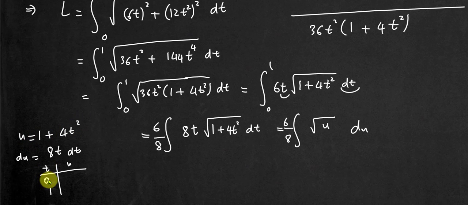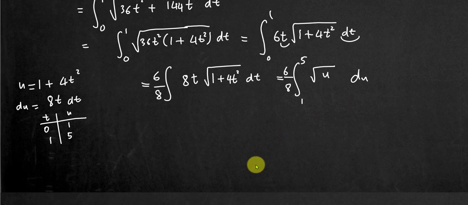When t is 0, u is equal to 1. And when t is 1, 1 squared is 1, 1 times 4 is 4, 4 plus 1 is 5, u is 5. Because you are taking the integral with respect to u, now you need to change the limits of the integration 0 to 1 to 1 and 5. So 1 and 5 here.